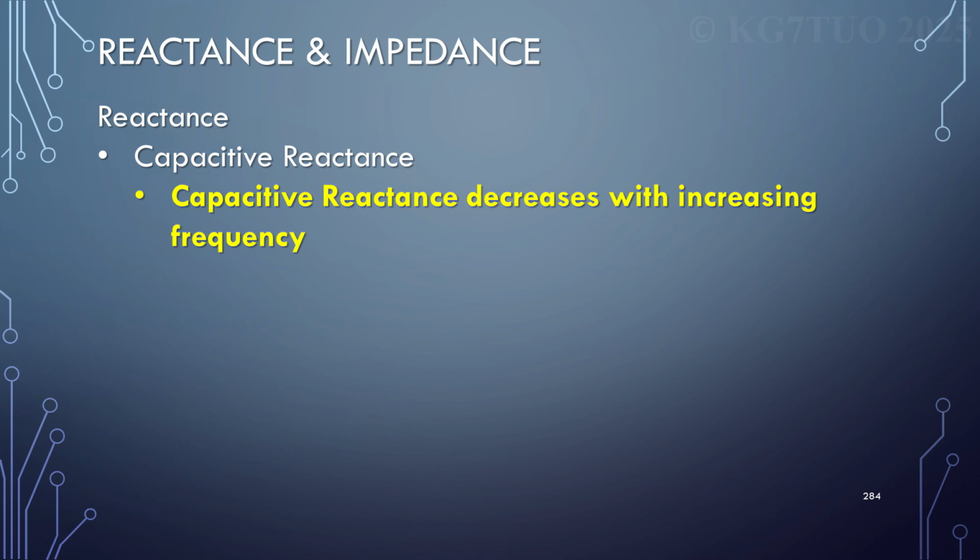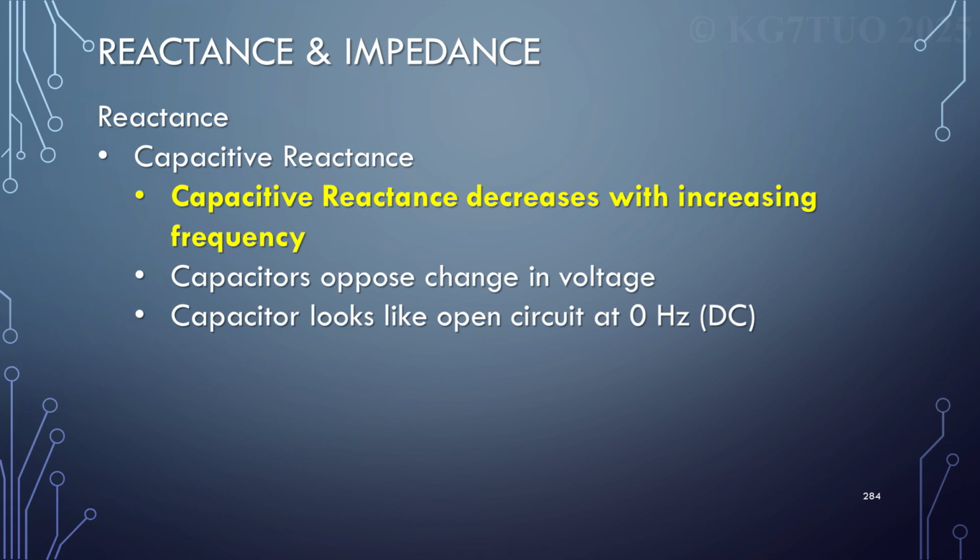Capacitive reactance decreases with increasing frequency. So as you go higher and higher, from HF up into VHF and UHF and then the microwaves, those increasing frequencies reduce capacitive reactance. Capacitors oppose a change in voltage, and they look like an open circuit at 0 hertz, which is DC.